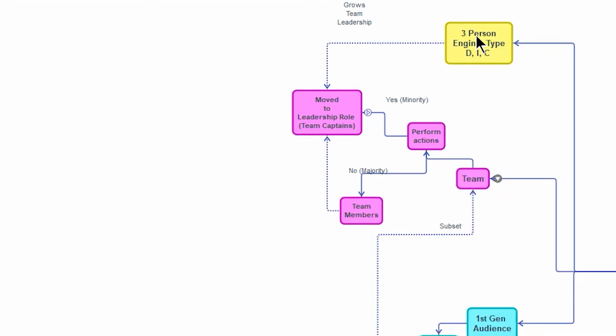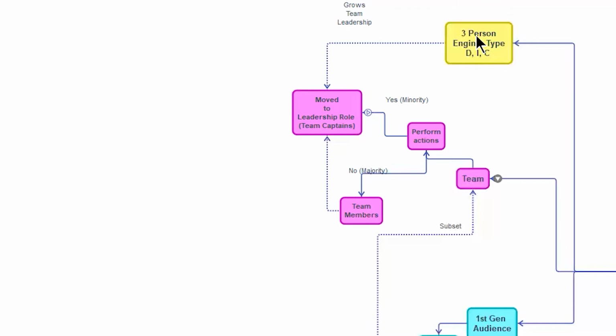The third person in this team is what we call a C type. They're very conscientious, and the conscientious person lacks the inherent leadership characteristics of the director or the inspirer, but this person has a high affinity for details.